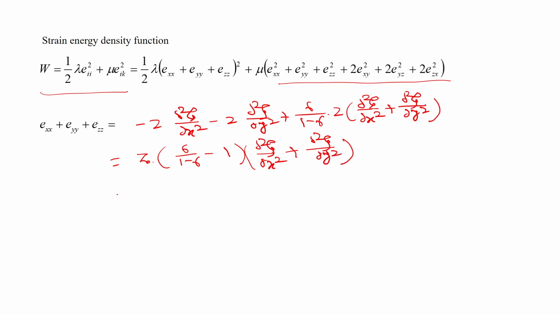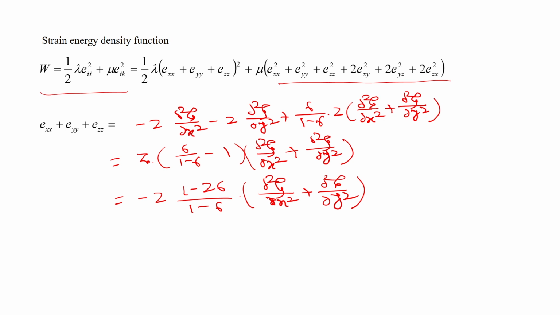So this will be equal to minus z into 1 minus 2 sigma into del square zeta by del x square plus del square zeta by del y square, like this. It is minus 2 sigma, so minus z into 1 minus 2 sigma, that is fine.